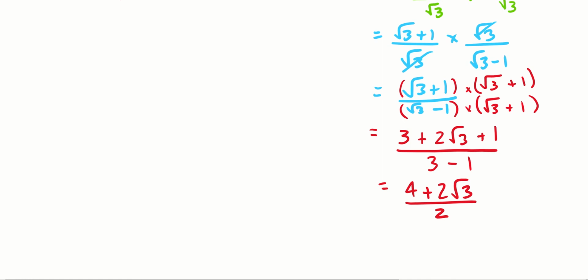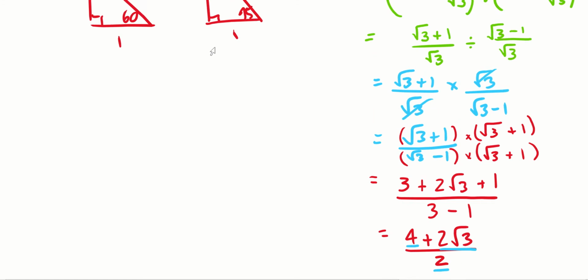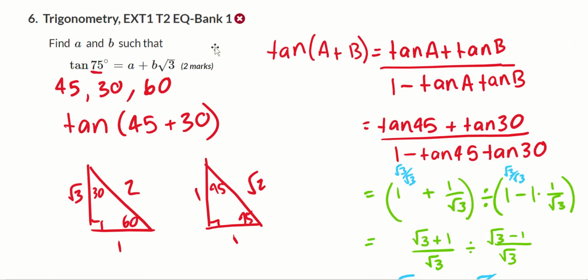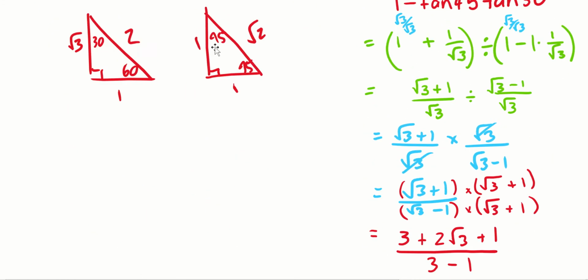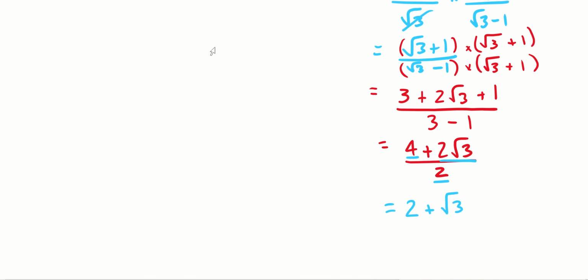And then now I can simplify it because I can divide every term by 2, which will give me 2 plus 1 root 3, which is just root 3, all on 1, which is just the same thing as that. So now I can come back up here and go, all right, well, A is 2 and B is 1. So therefore A equals 2 and B equals 1.